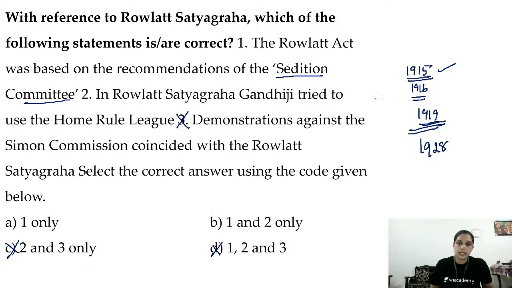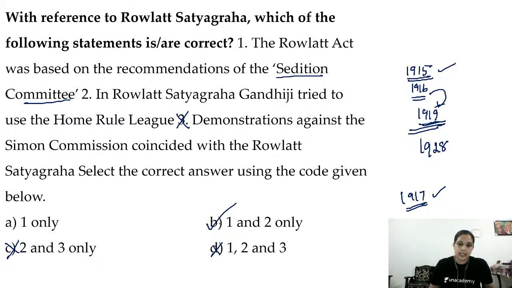Many people will think that the Home Rule League was over in 1916. No, the Home Rule League was used by Gandhiji in 1919 also. The Home Rule League became very famous, and in 1917 Annie Besant became the first woman Congress president.